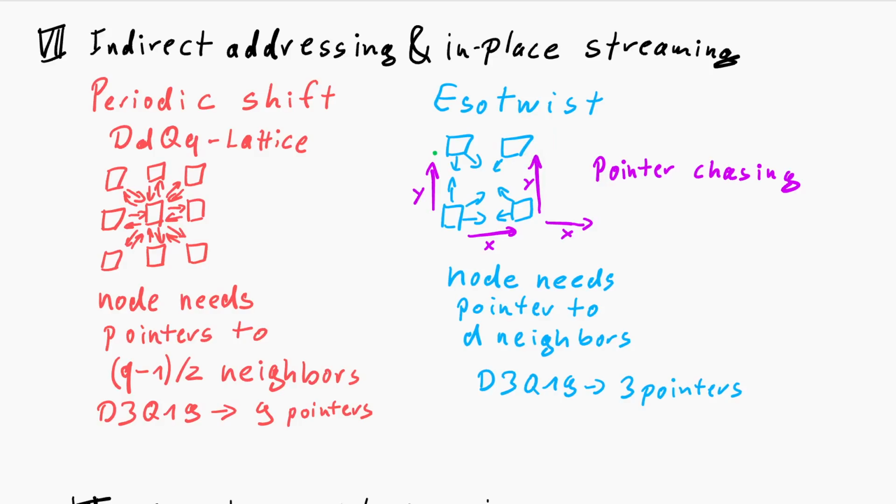So this is pointer chasing, and this means what you require now is only D neighbors, which means for the same lattice that in periodic shift would need 9 pointers, we now only need 3 pointers, which is of course a significant reduction in memory requirement.